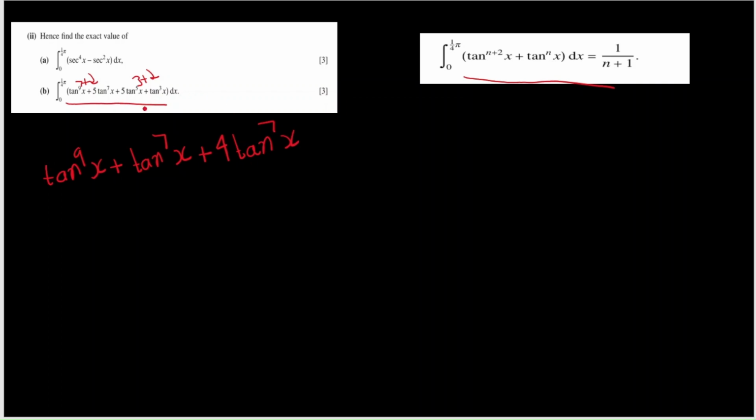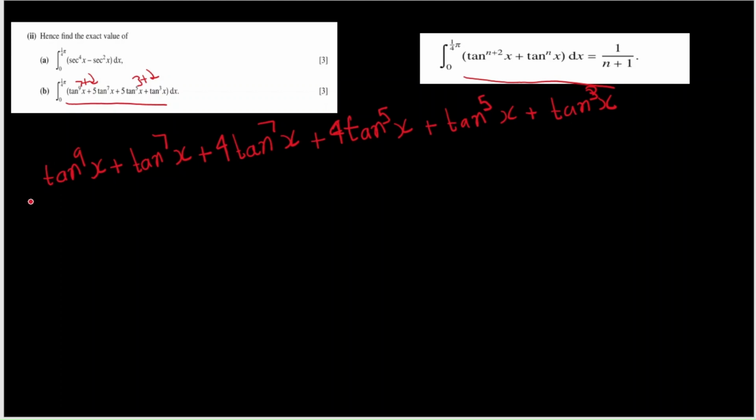Then we have 5 tan 5x, so simply I'm going to do plus 4 tan 5x, sorry my bad, 5x plus tan 5x. I hope you get the pattern by now of what's actually happening, plus 3 tan x.